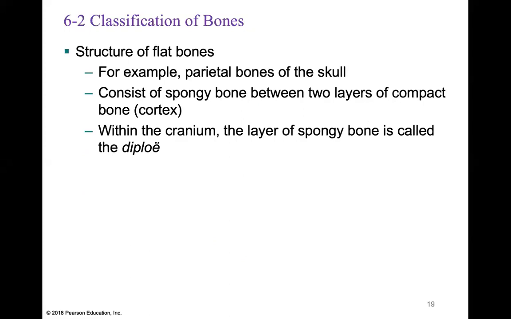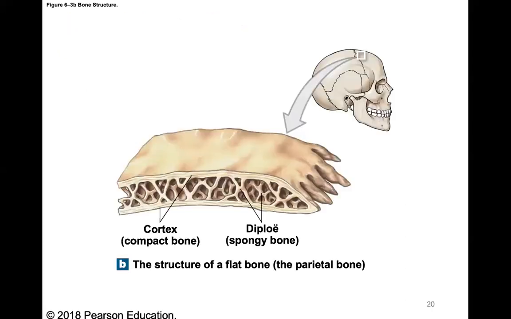Structures of flat bones. This is going to consist of spongy bone between two layers of compact bone. So it's sort of like a little bit of a sandwich there. And the spongy bone layer is actually called diploë. Here you can see we have a layer of compact bone, then you have the spongy bone and then a layer of compact bone.